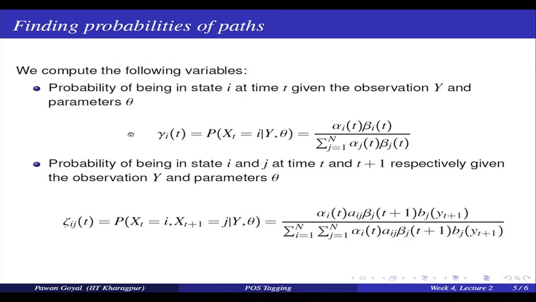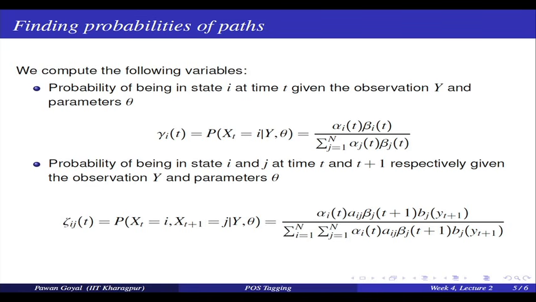I am giving these some names. Firstly, I have this gamma_i(t) that gives me the probability that at the t-th point the state is i given my observations y and theta parameters. Similarly, I have zeta_ij(t), that is the probability that at the t-th point I have state i and at the (t+1)-th point I have state j given y and theta.